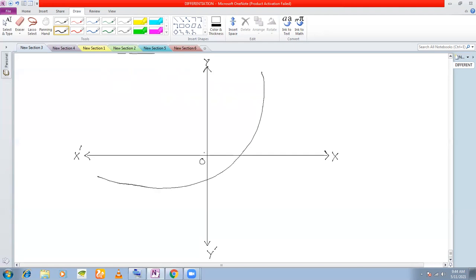And suppose I consider a point here, say P, any point, say x1, y1. On this point, I draw a tangent to this curve.